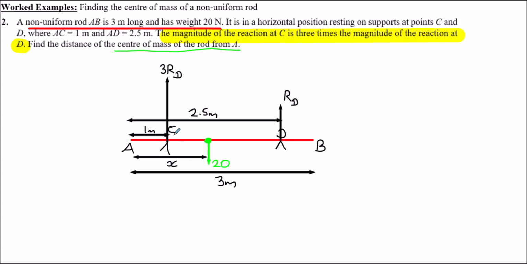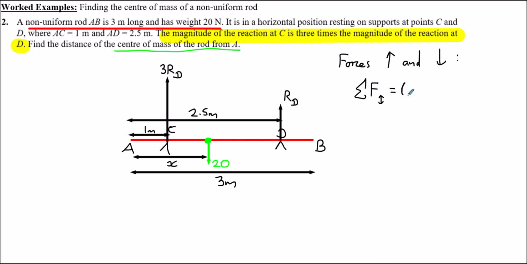So first of all, what we can do is we can try to work out these reaction forces. And so if we consider forces up and down, because this is in equilibrium, the rod isn't moving, it's stationary and isn't accelerating, the sum of the forces going up and down is 0.